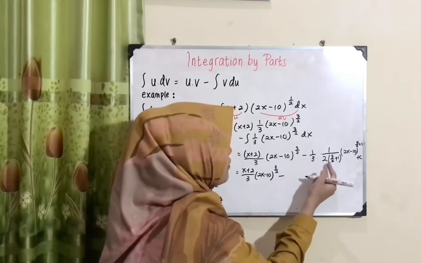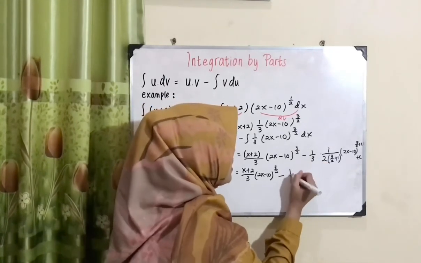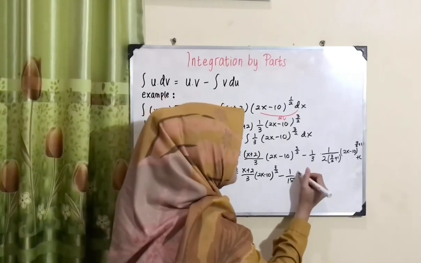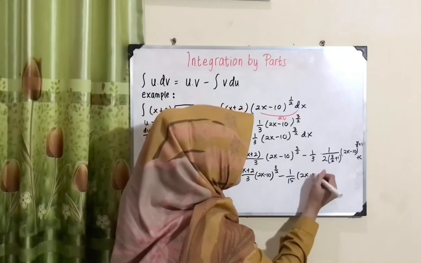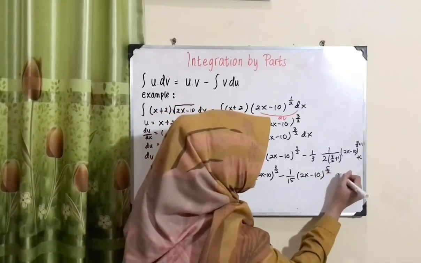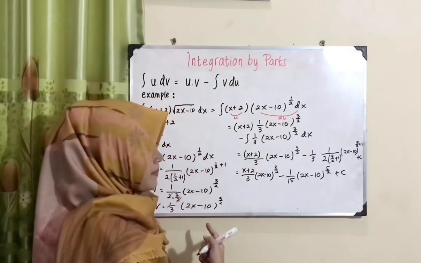Okay, 5 times 3, 1 over 15, and then times (2x minus 10) to the power of 5 over 2 plus c.